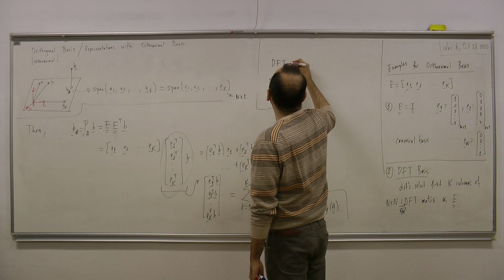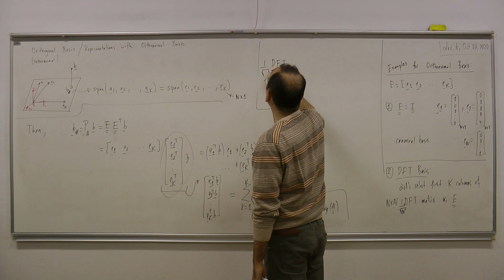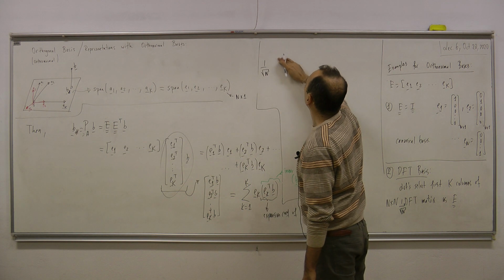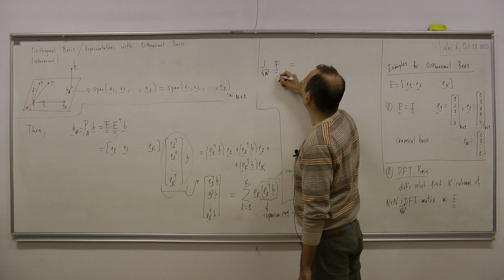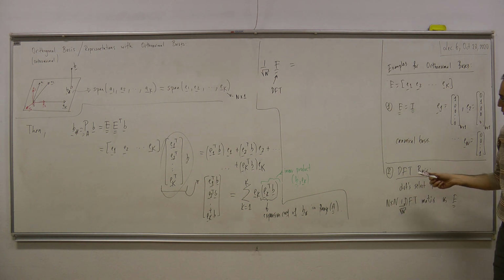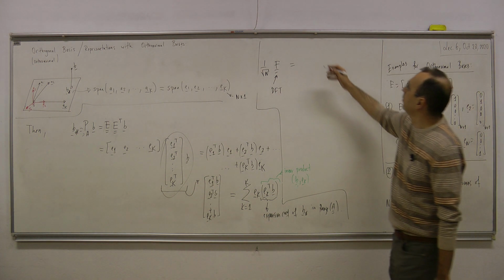So the DFT matrix times 1 over square root of n is, let me write it as F because it is very ugly looking. DFT stands for discrete Fourier transform.